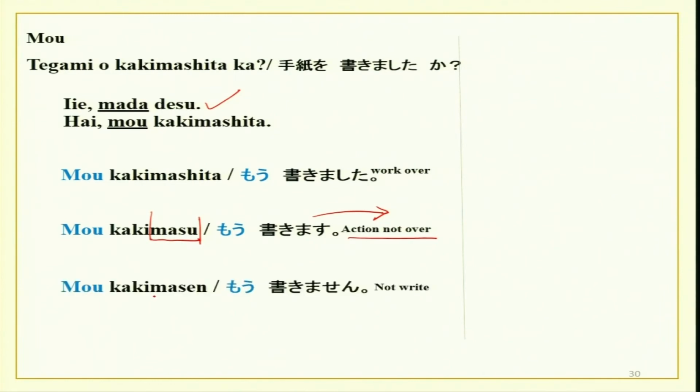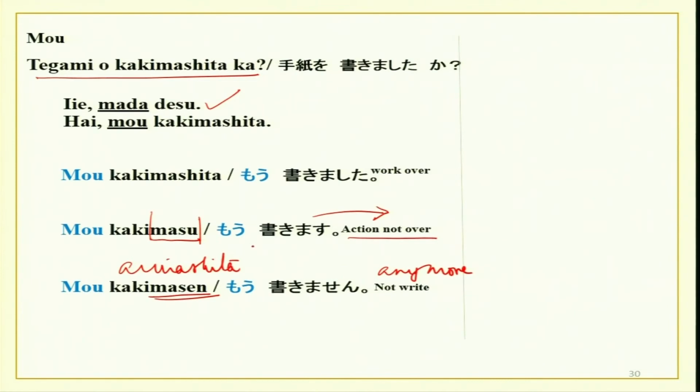Now, if it is in negative, what does it mean? Mo kikimasen, mo kakimasen. So, "tegami o kakimashita ka?" Same question. "Tegami o kakimashita ka?" "Mo kakimasen." I will not write any more. I have had enough. I will not write any more. "Tanaka-san ni aimashita ka?"